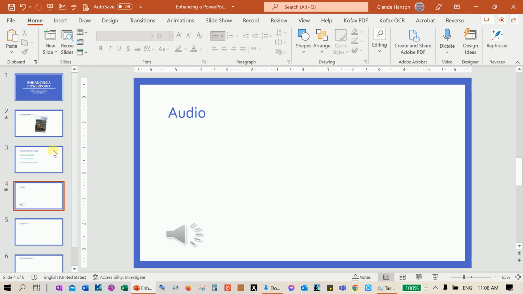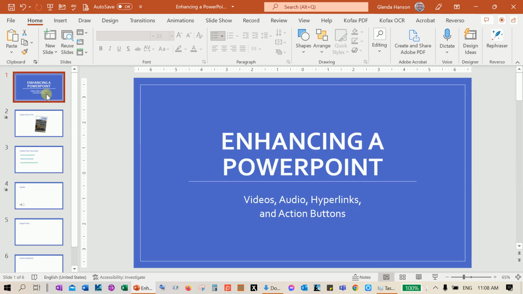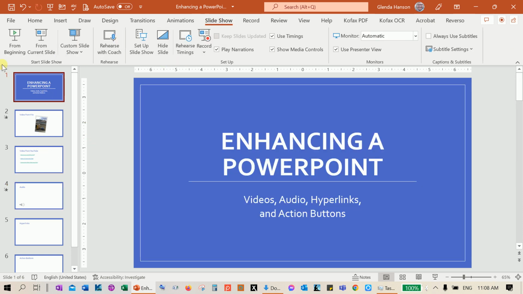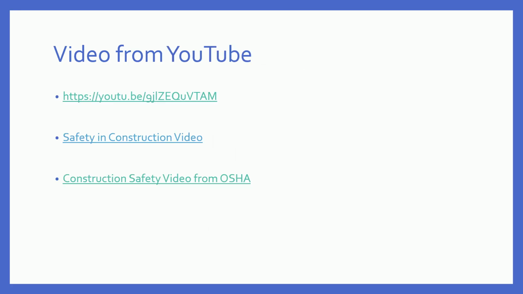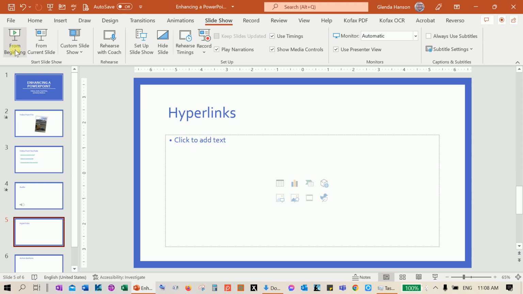happen. Okay, so we're in our slide and we're doing our slideshow from the beginning down, and it goes off on the next slide. And you can control that so it will play through the whole entire.